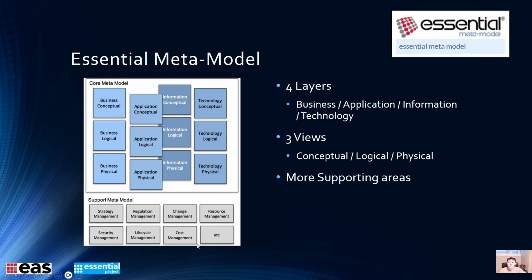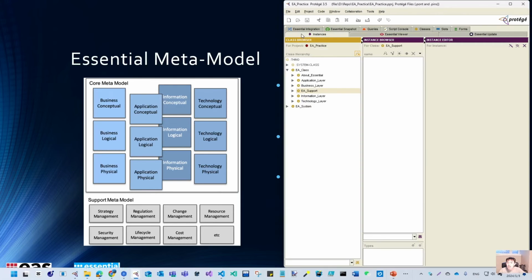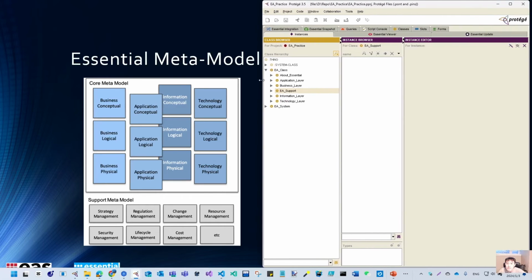So when this maps to Prodigy, you come to here. When you load your project here, that is the practical mapping to your meta model. The EA class folder has these 4 meta model layers: business, application, information, technology.